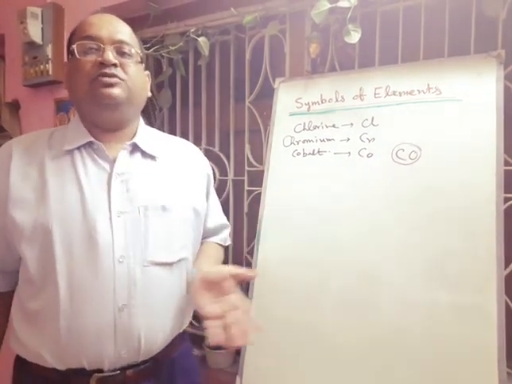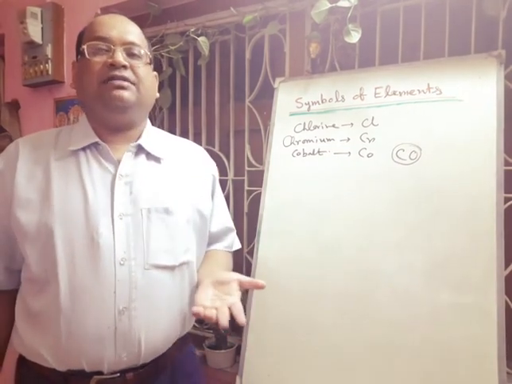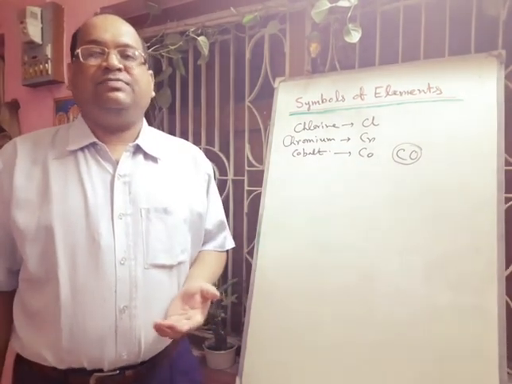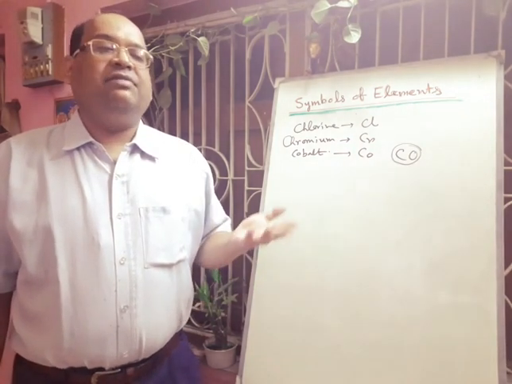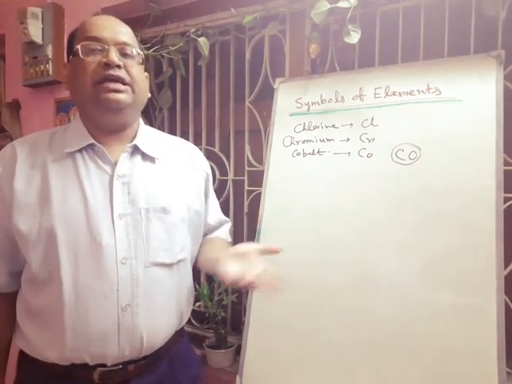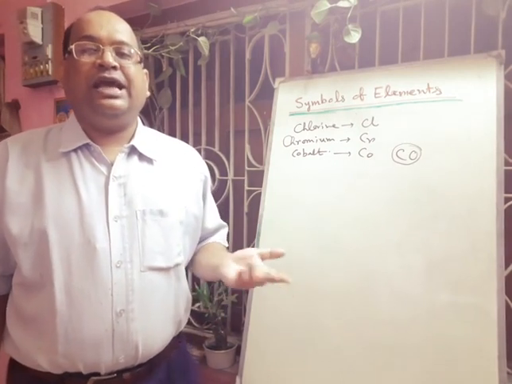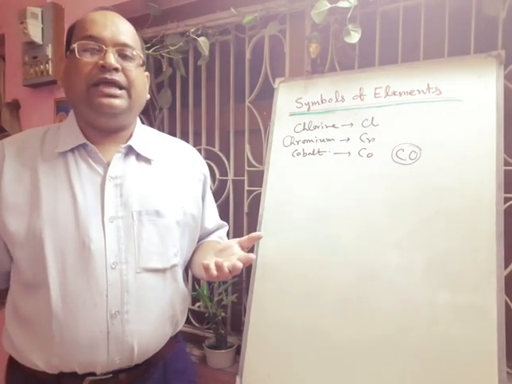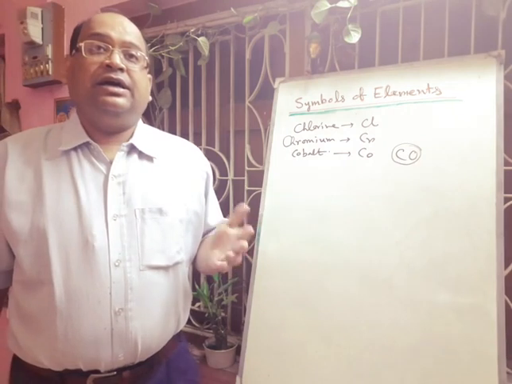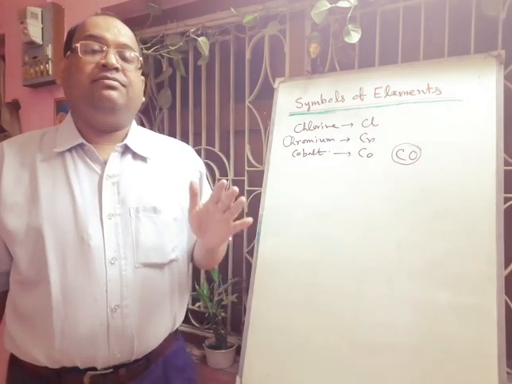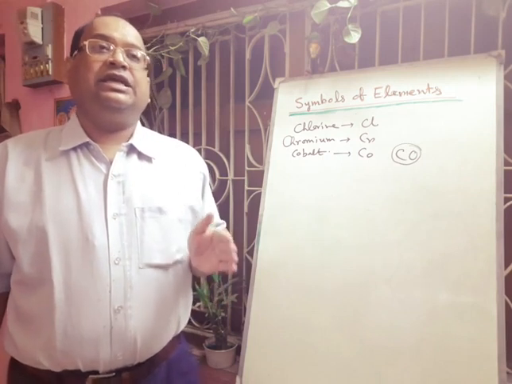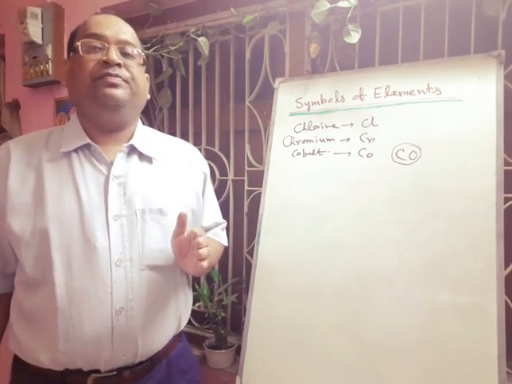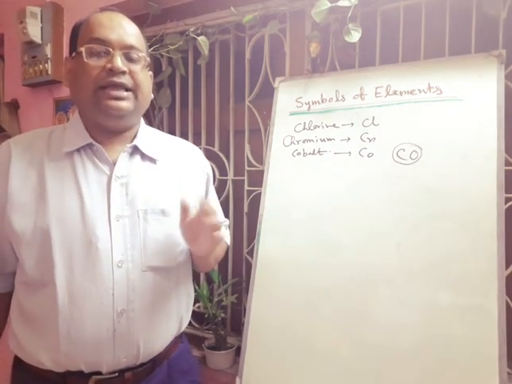So other examples we can give are bromine Br, arsenic As, platinum Pt, germanium Ge, helium He, neon Ne, krypton Kr, radium Ra. But helium, neon, argon, krypton, xenon, radon, these are the noble gases. In case of radon, that will be Rn.